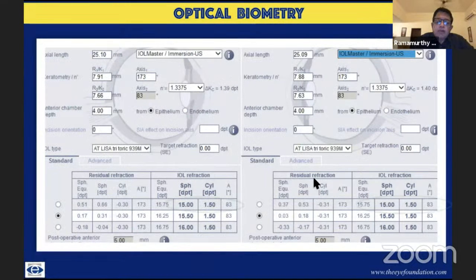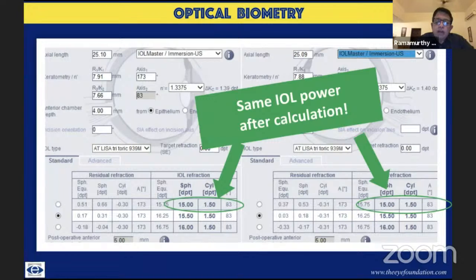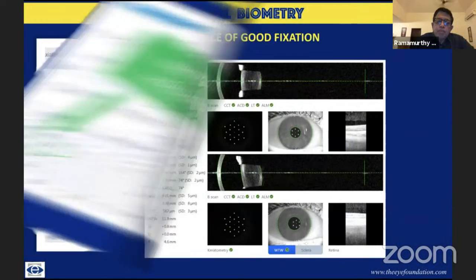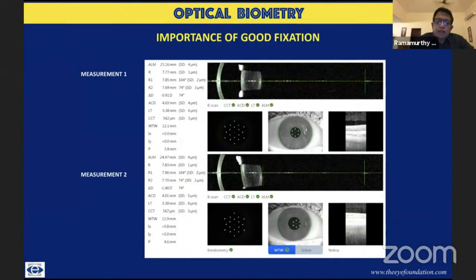And that's the reason that when it comes to intraocular lens power calculation, two subsequent measures give you almost exactly the same spherical power and cylindrical error. And that's the reason that having this ability to objectively cross-check whether the patient is focusing rightly is an extremely important feature with the IOL Master 700.